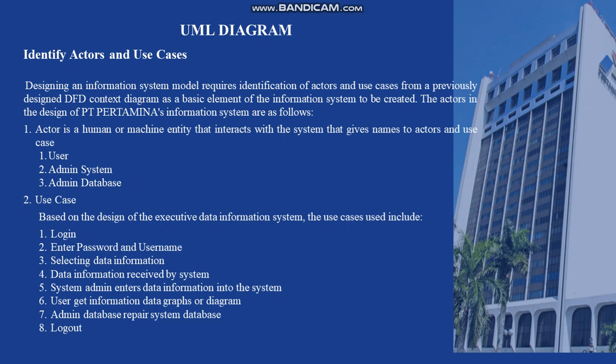Login. 2. Enter password and username. 3. Selecting data information. 4. Data information processed by system. 5. System admin enters data information into the system. 6. User gets information data graph or diagram. 7. Admin database requires system database, and logout.